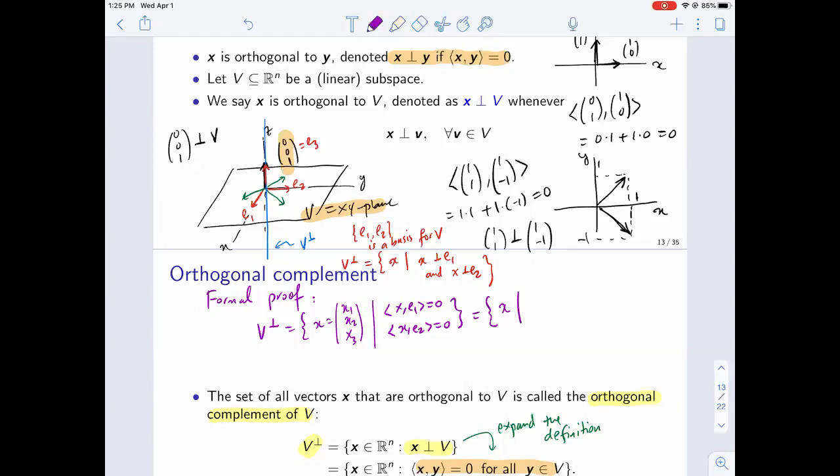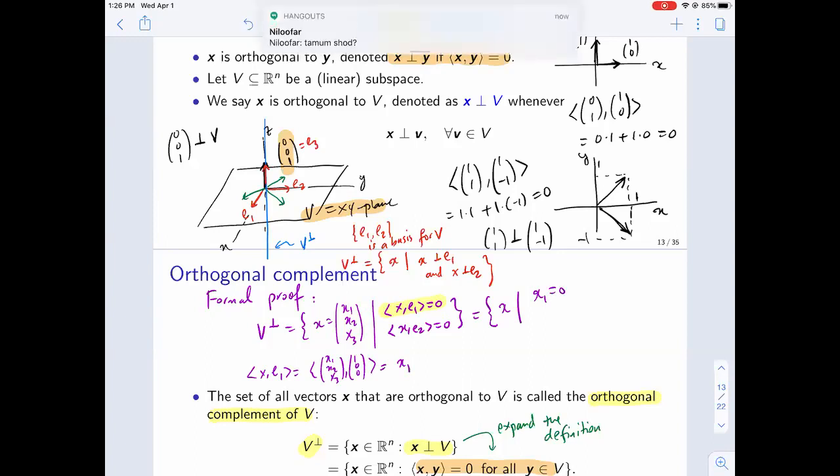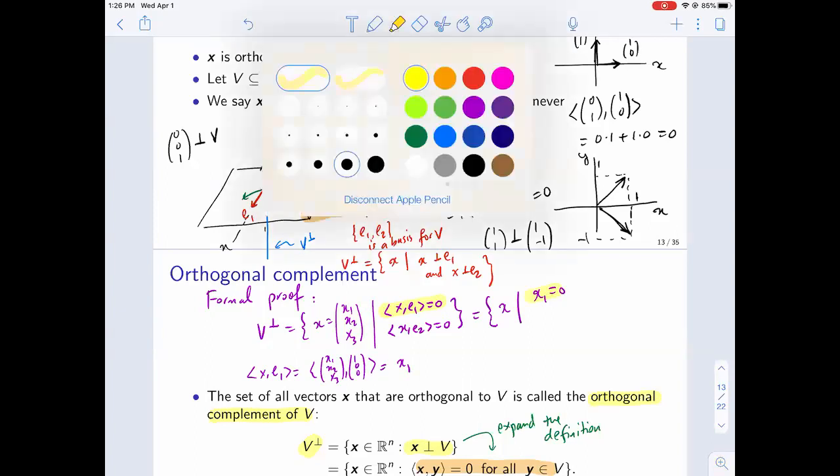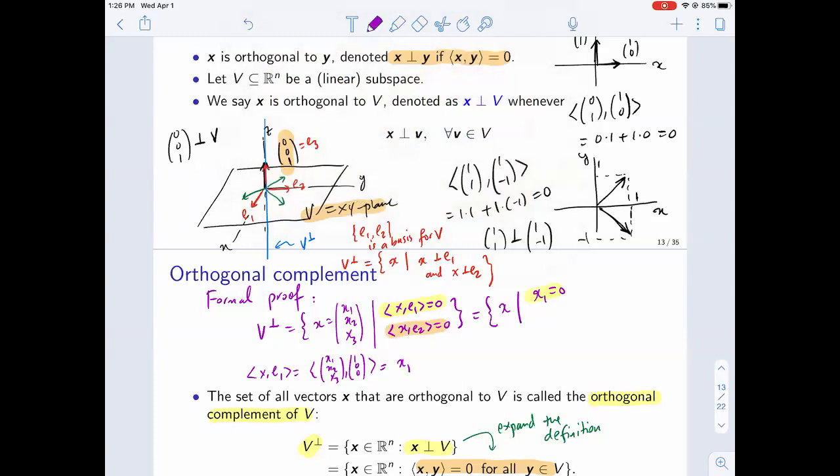The first one shows x1 is 0, and the second one shows x2 is 0. Right, so this is equivalent to: x inner product with E1 is x1, x2, x3 times 1, 0, 0. So this would be just x1. The first one says x1 is 0. The second one says x2 is 0.